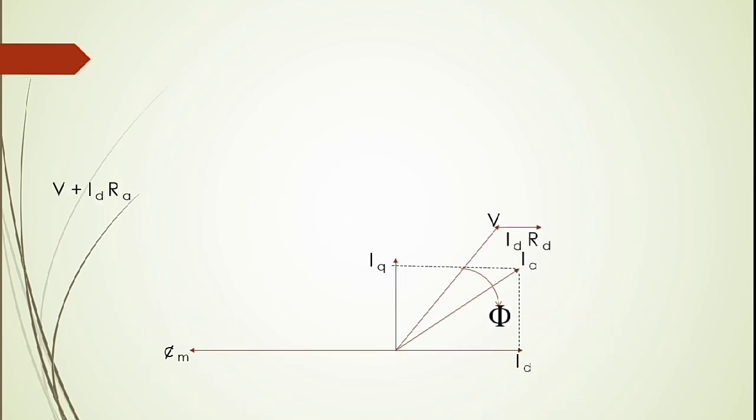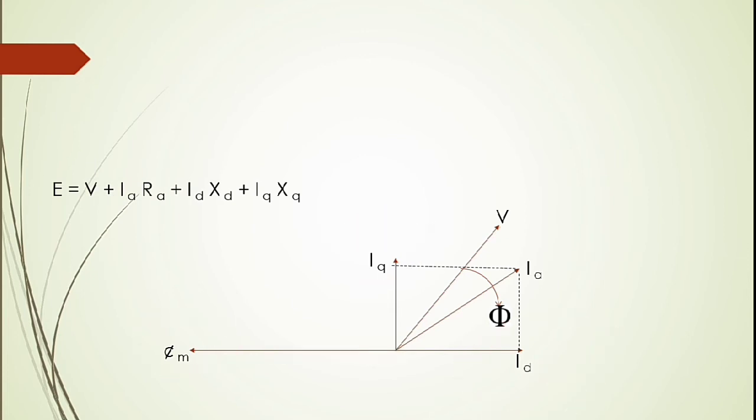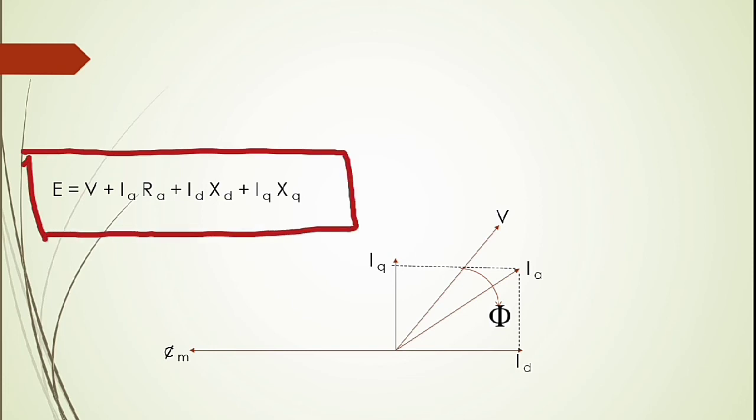So the next one is, here you see, this is the equation that I use to develop the EMF. We want the EMF, so we do the phasor sum of V plus IARA plus IDXD plus IQXQ. In this way we will get a phasor.